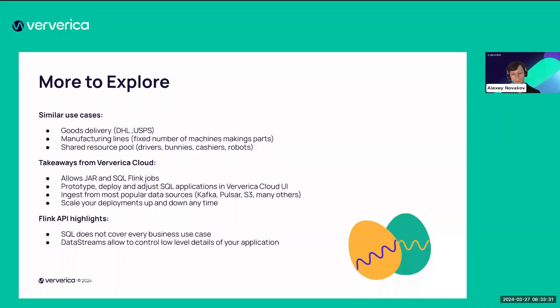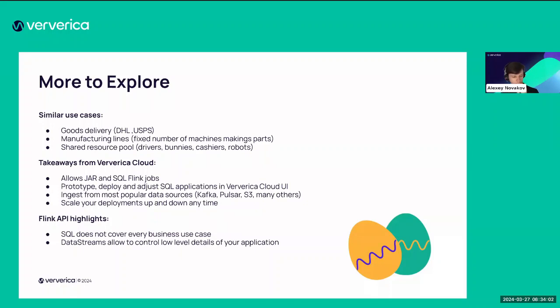As for the technical solution for this story, a few highlights on the Flink API. You've noticed that we used both APIs, the Flink SQL and DataStream API. Many developers who discover Flink SQL try to apply it as much as possible, to cover all tasks, solutions, and use cases.